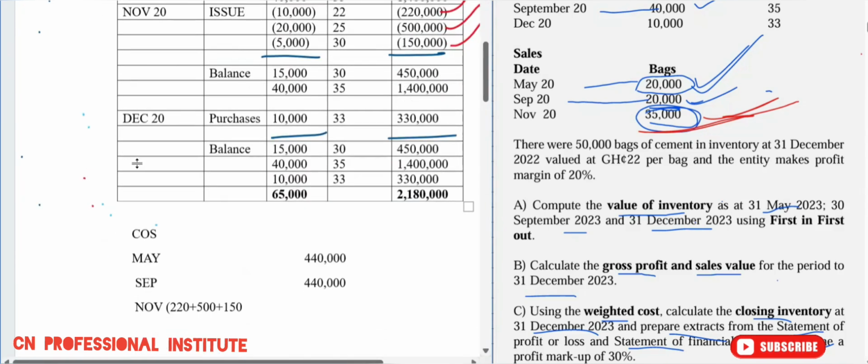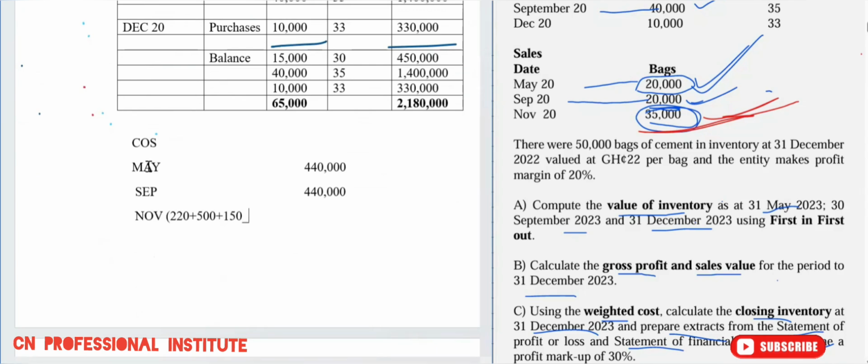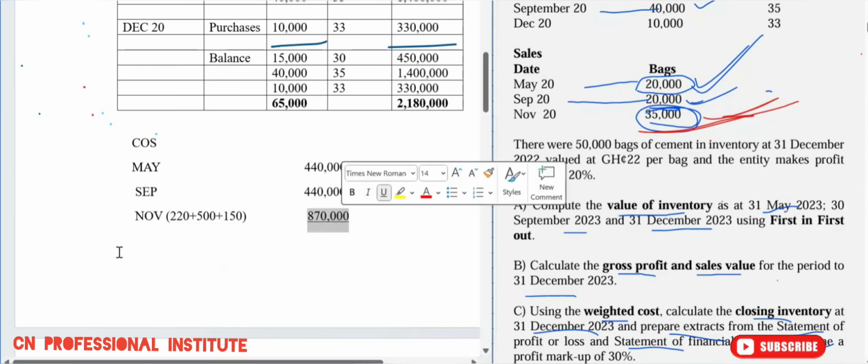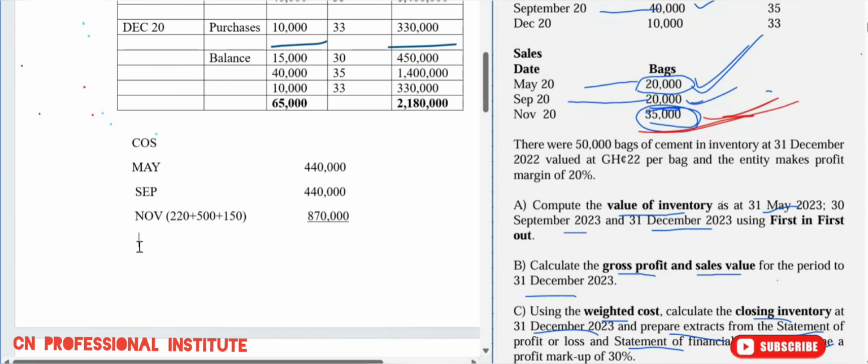So 220, 500, and 150. Summing all these, we get 870,000. So we can sum all to get our cost of sales, right? This will give us a cost of sales of 1,750,000. So this is our cost of sales, very simple.